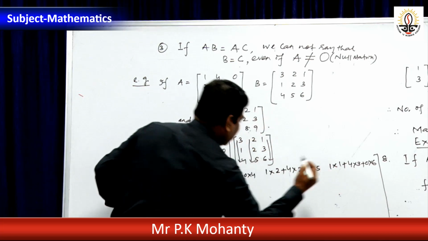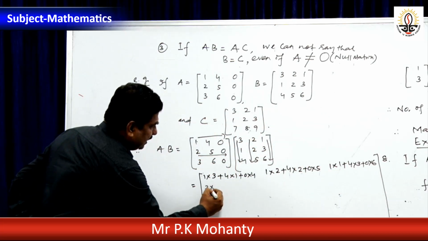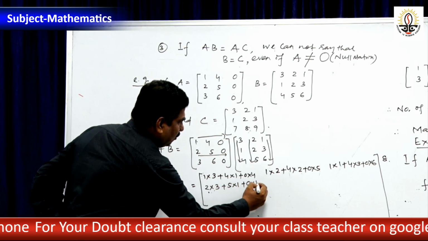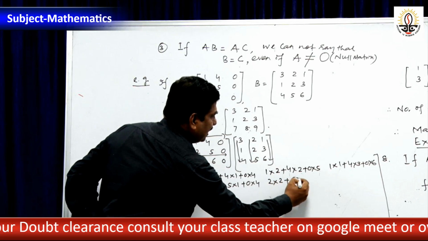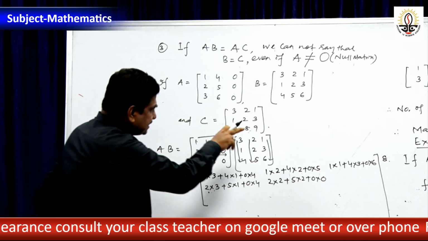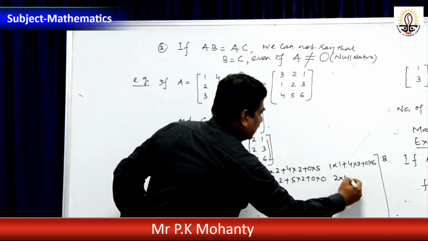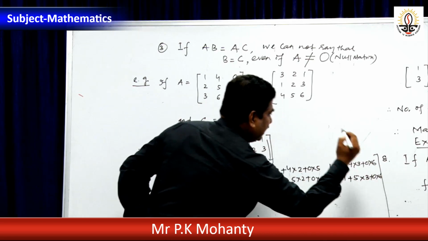In the second row, 2 into 3, 5 into 1, 0 into 4, then 2 into 2, 5 into 2, 0 into 5, and 2 into 1, plus 5 into 3, 0 into 6.